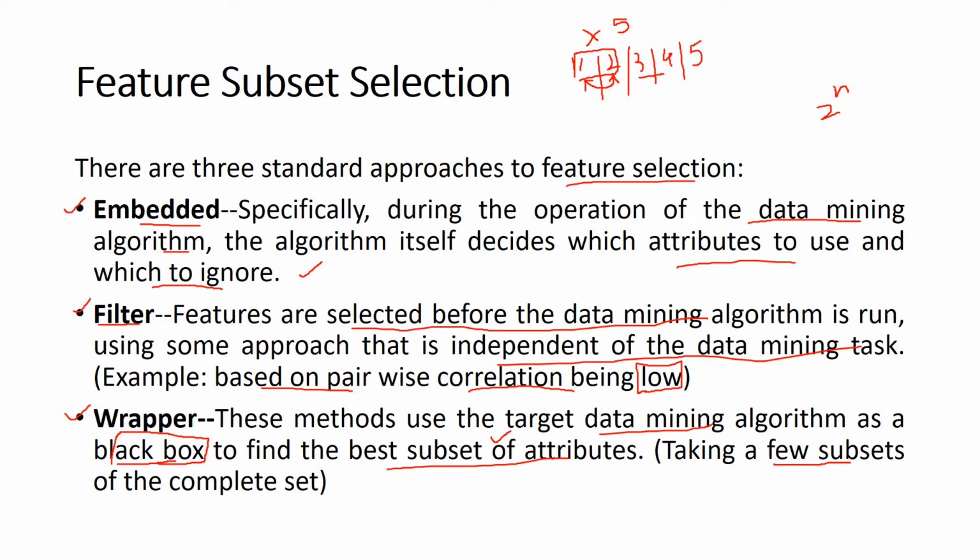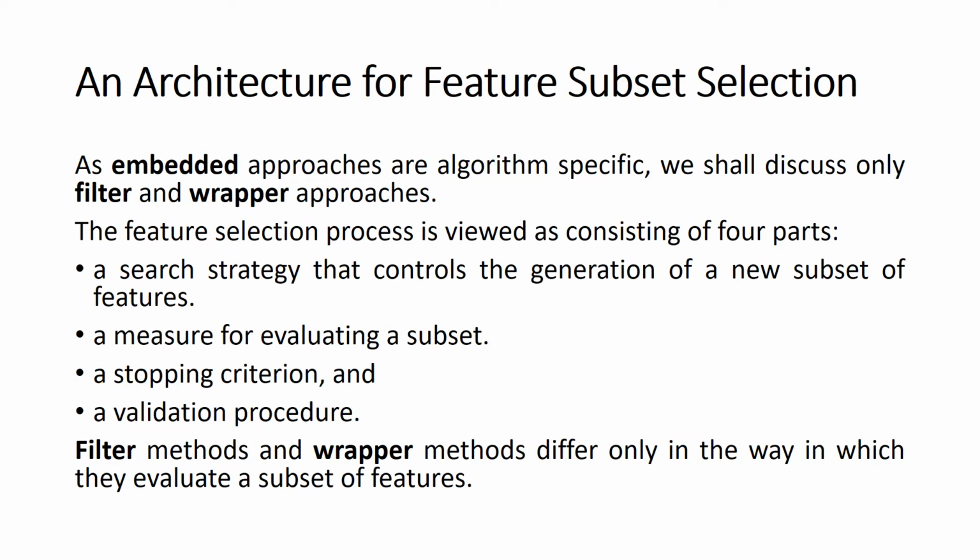So these are the three approaches that we have. They have a few steps to be followed while doing feature subset selection, so let us look at the steps that are going to be followed. Now, as we look at the architecture for feature subset selection, embedded approaches are algorithm specific, so we cannot do anything about them because each algorithm is going to have a different approach.